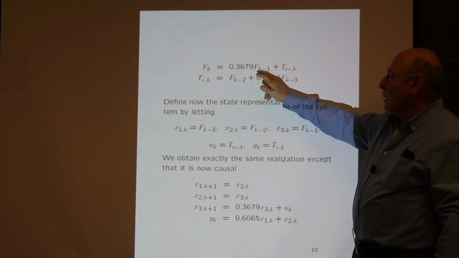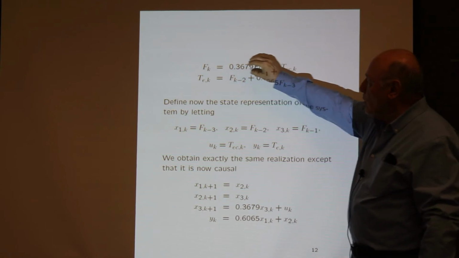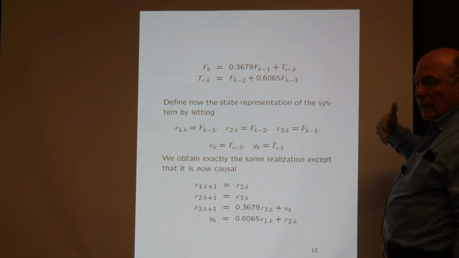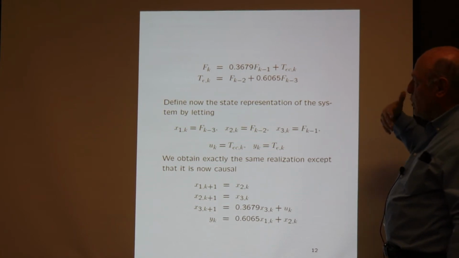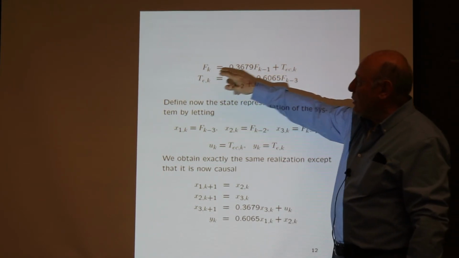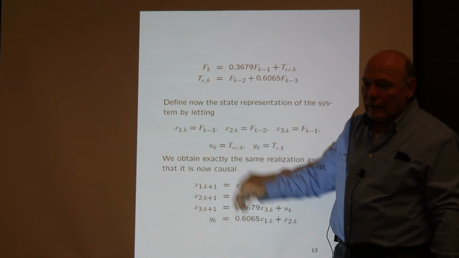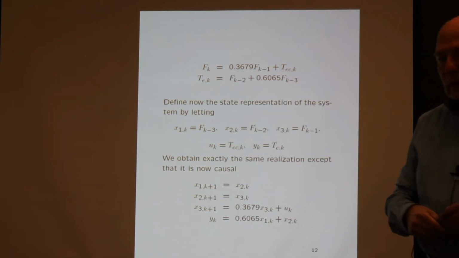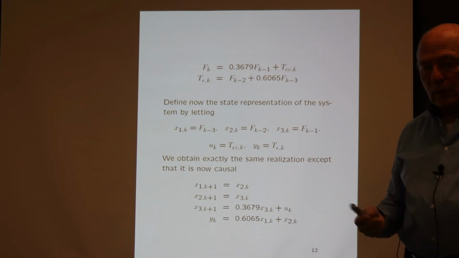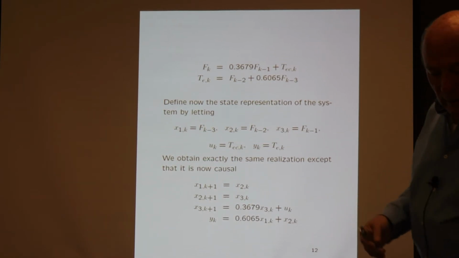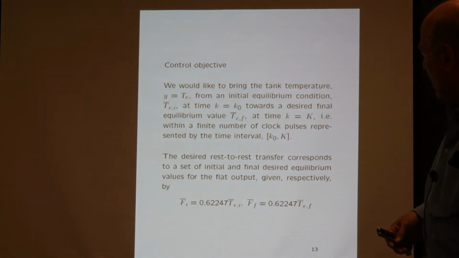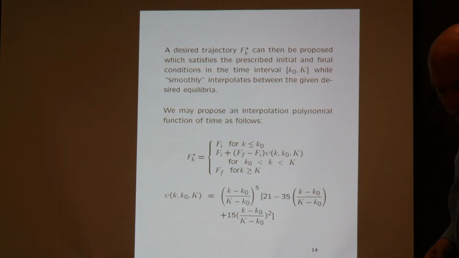Let's say you cancel this and you impose a second order polynomial in backwards time shifts, that reproduces a third order dynamics for f, which has nice properties, like it goes to zero in a potential way. So it goes to zero step by step.